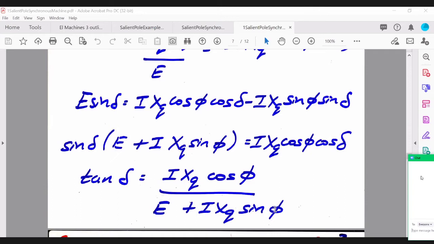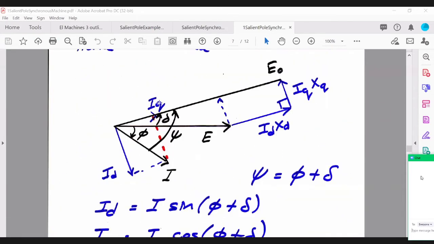Okay, so when you are analyzing salient pole machines, you will find that each mode of operation of the machine will have a certain phasor diagram, and this formula for the angle delta, which is your load angle, will depend on this phasor diagram here.